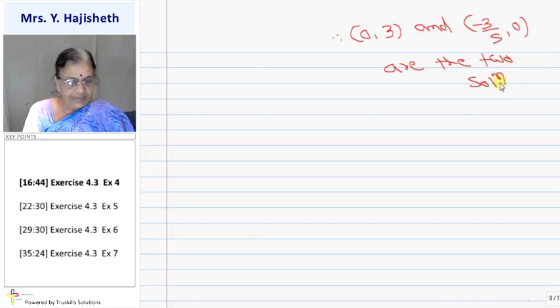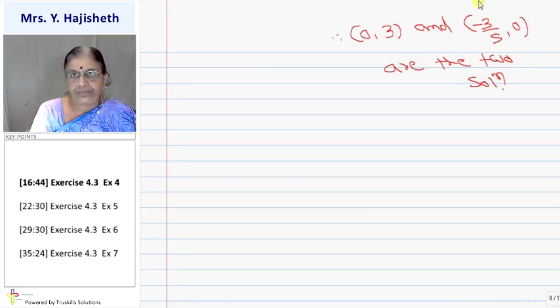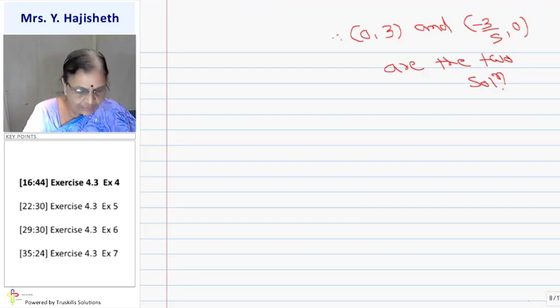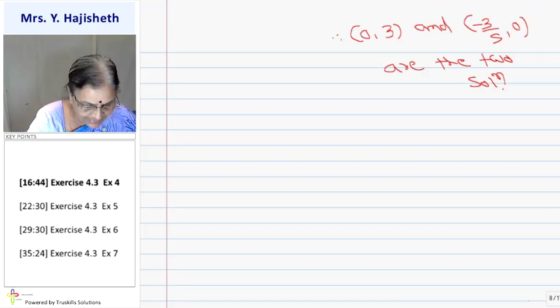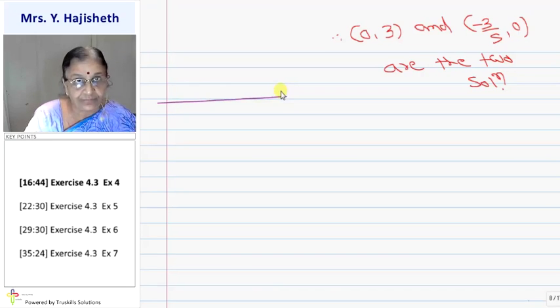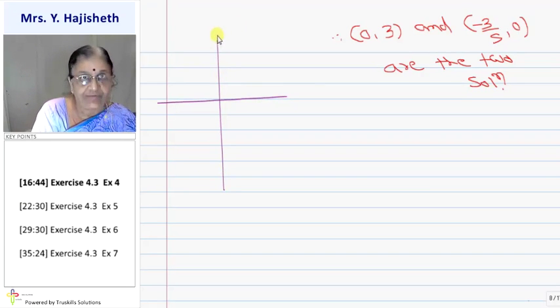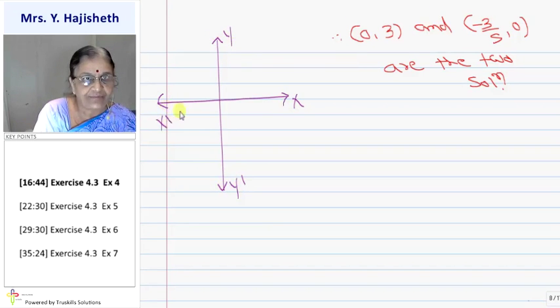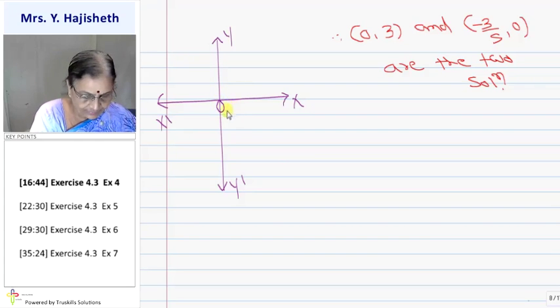Now two solutions can be represented as 2 points in a plane. Okay. So what am I supposed to do? I will draw the x and y axis. Clear? This is my y axis. This is my x axis. And where they meet is the origin O. Clear?